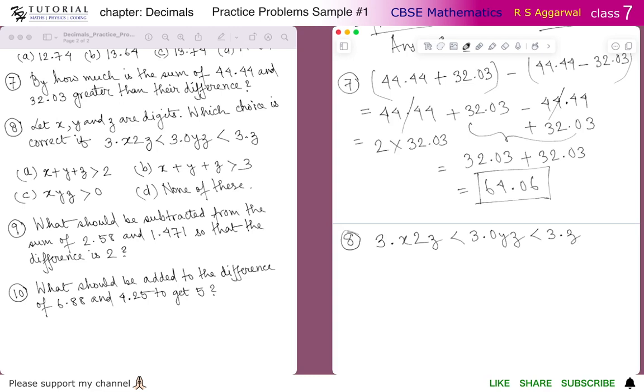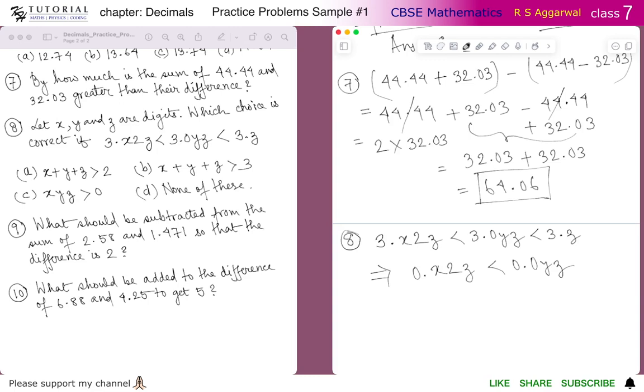We can see that in all the decimal numbers, the whole part is the same, 3 is the same. So we now have to check whether this ordering is correct or not. We have to compare the decimal part of all the 3 decimal numbers. So if this is the ordering, this implies 0.xyz will be less than 0.0yz.